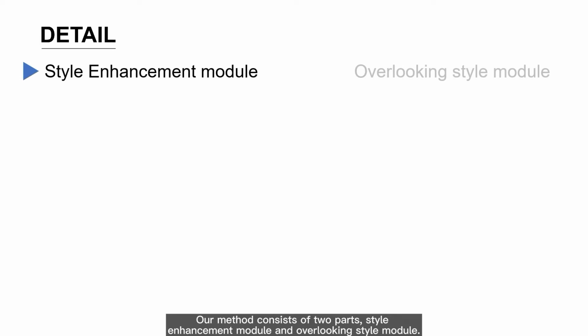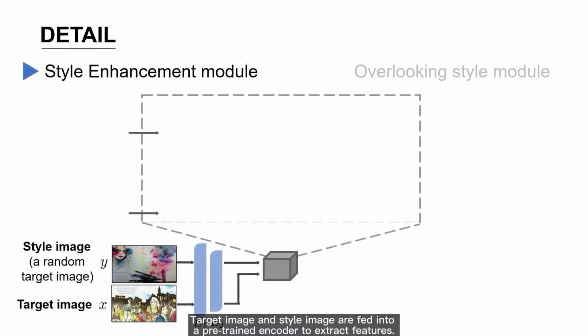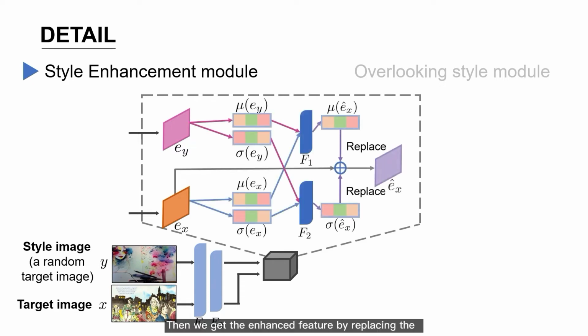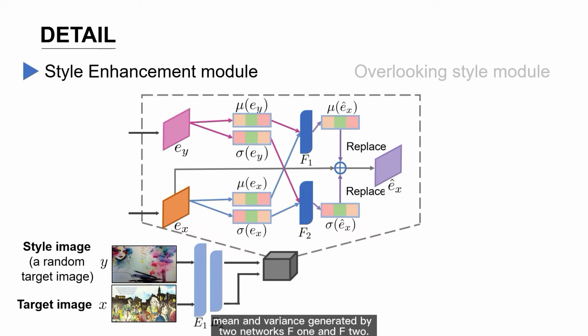Next, we explain the details. Our method consists of two parts, the style enhancement module and the overlooking style module. Target image and style image are fed into a pre-trained encoder to extract features. Then we get the enhanced feature by replacing the mean and variance generated by two networks, F1 and F2.